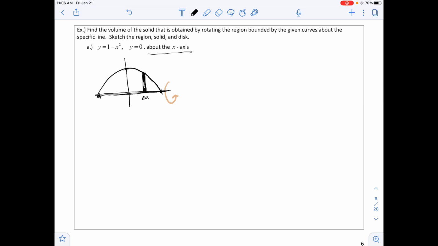And so it does say to sketch the region, the solid, which we need to also sketch. So as we rotate this whole entire region, we're going to end up with a circle or a sphere. And that disc that we would get, and again, do the best you can with drawing.